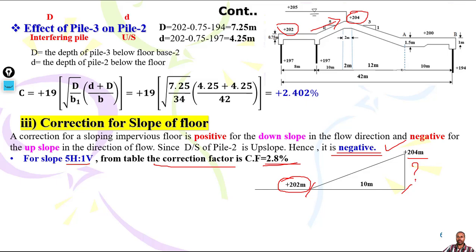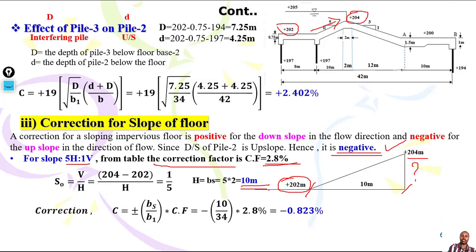What will be this vertical distance using slope of this one, 1 in 5? So slope V over H, 204 minus 202, then over H, 1 over 5, then Bs, which is the horizontal distance of the sloping upstream side, will be 10 meters. This is the horizontal distance.